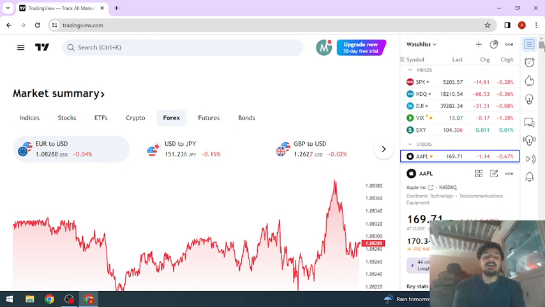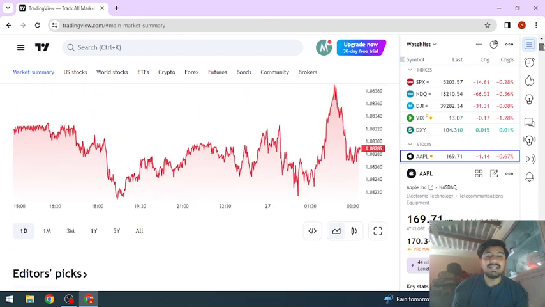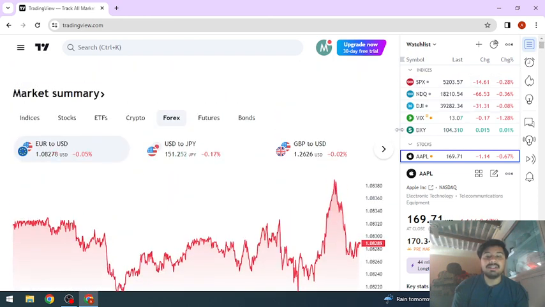So these are the top and hot pairs in forex trading. If we talk about the next one, we talk about the next currency pairs. These are the hot pairs in forex trading.